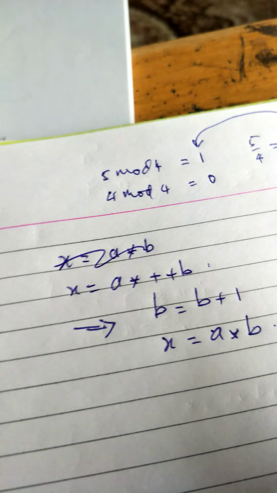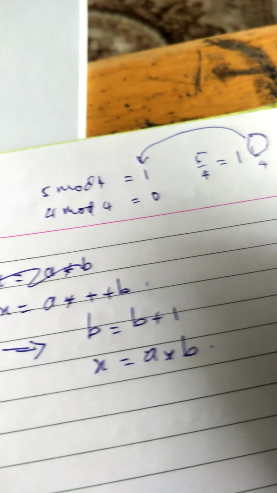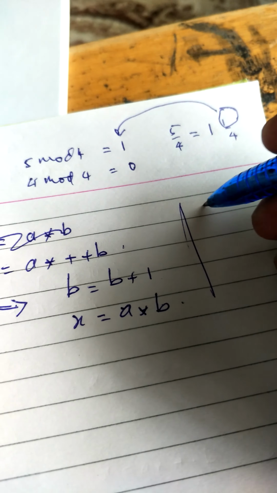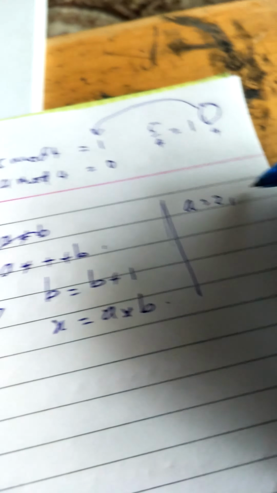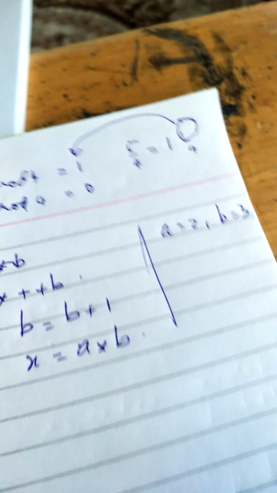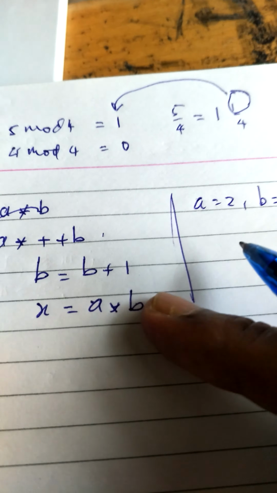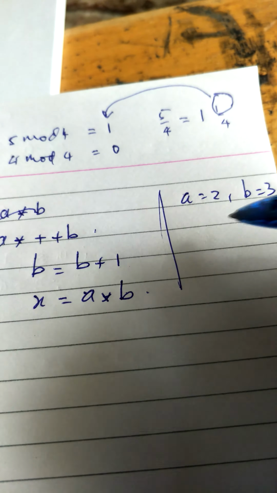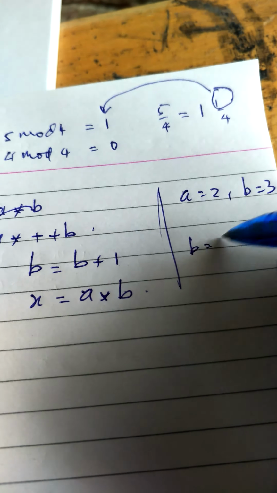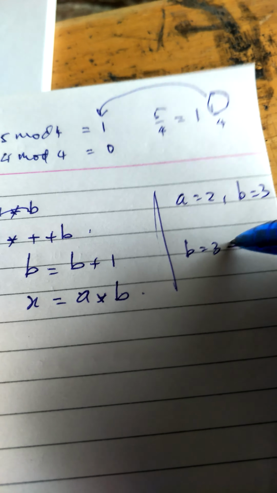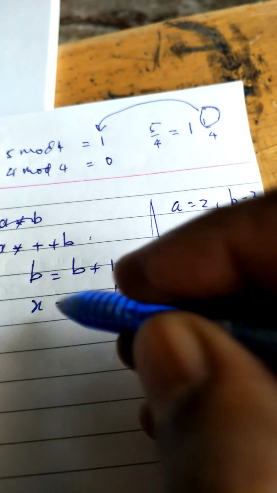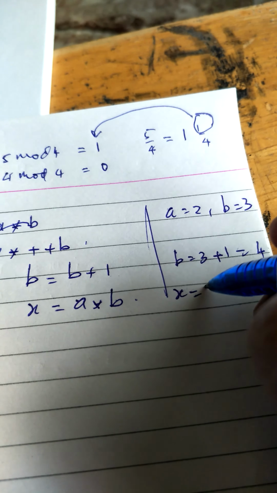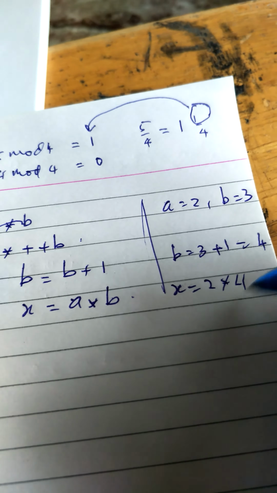In this case, if we put, for example, a equal to 2, b equal to 3, then b plus 1, so b is 3 plus 1, that gives you 4, then your x is 2 times 4, that gives you 8.